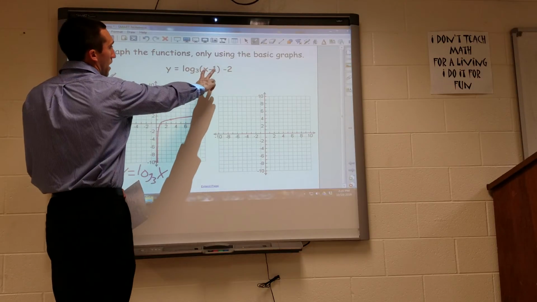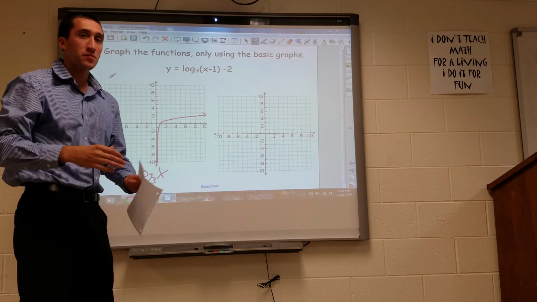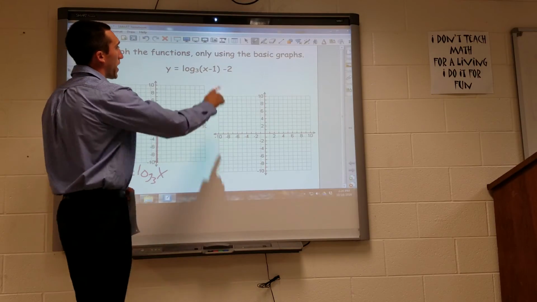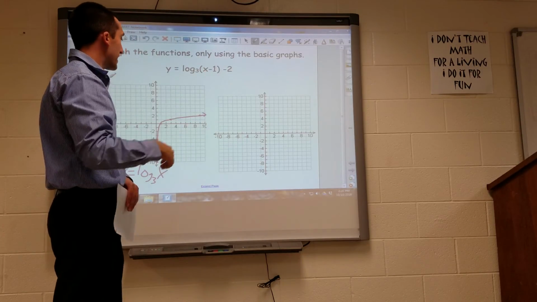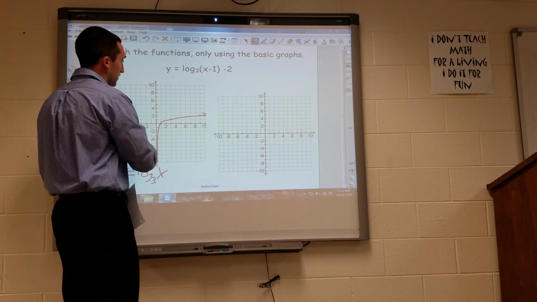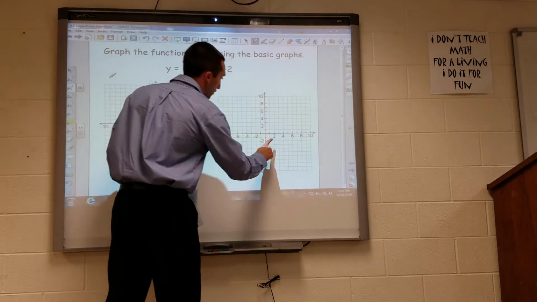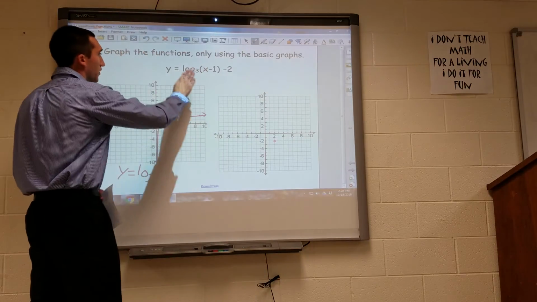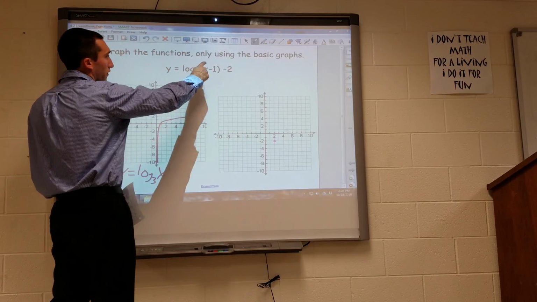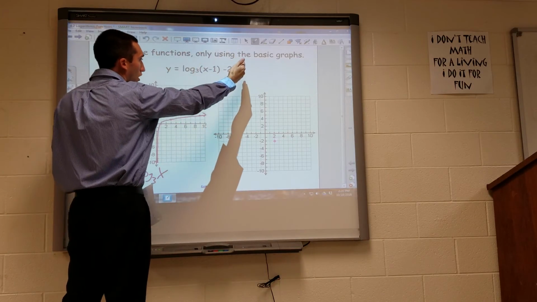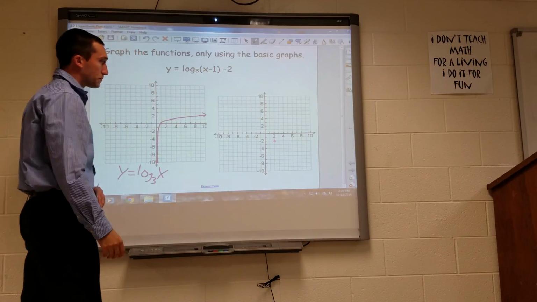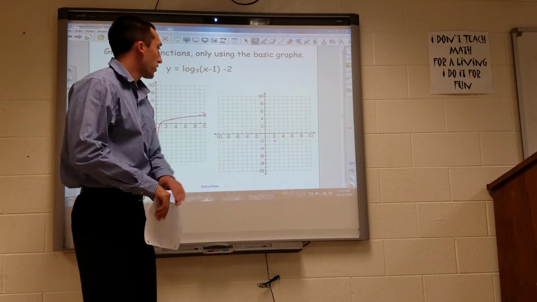The minus 1 inside with our x means I'm shifting right 1. The minus 2 outside means I'm shifting down 2. So now instead of starting at (1, 0), I've shifted right 1 and down 2. So this log base 3 of (x minus 1), all subtracted by 2, goes through this point here.